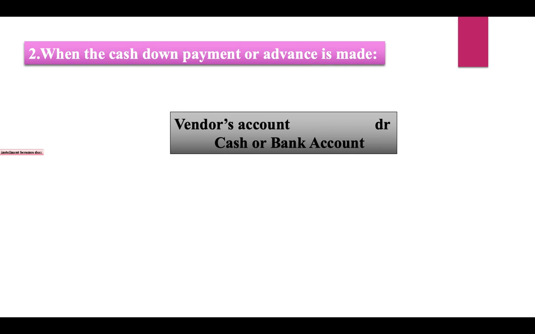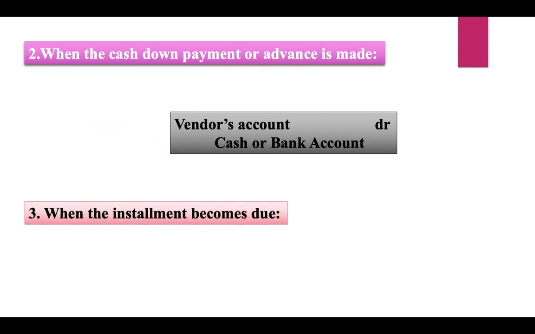Then we have one more transaction, when the installment becomes due. Here we have three types of accounts which are going to get affected. First is the asset account, then the second is the interest account, and the third is the vendors account. Because when the first installment becomes due, some cash down payment is made and there is some cash balance.